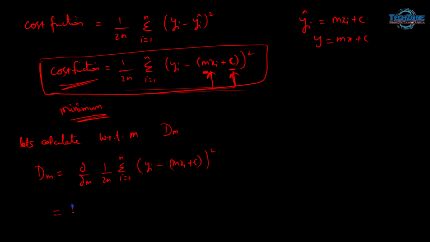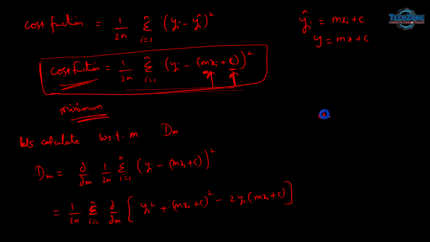So 1 by 2n is common. So this sigma i is equal to 1 to n, this partial differentiation will go inside, and this is like a minus b whole square, so I am expanding this. Yi square plus (mxi plus c) whole square minus 2yi (mxi plus c).